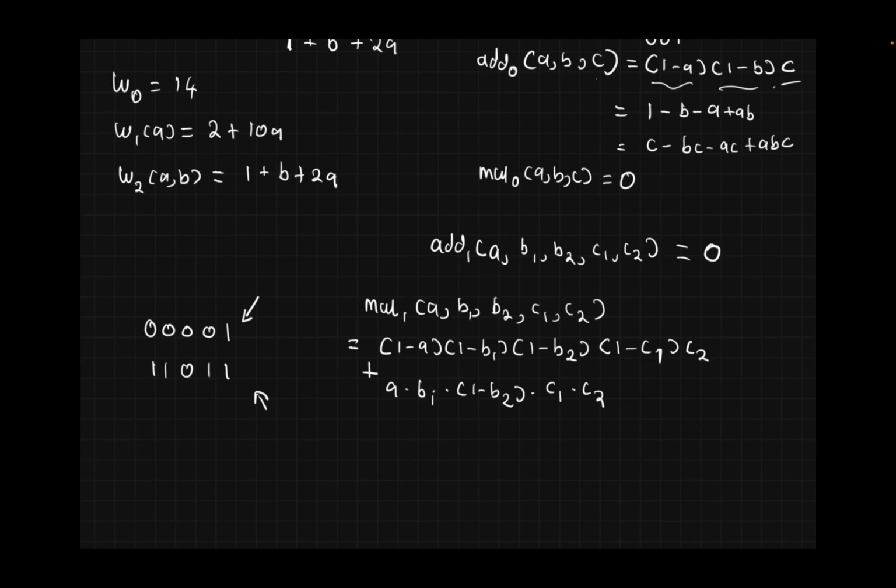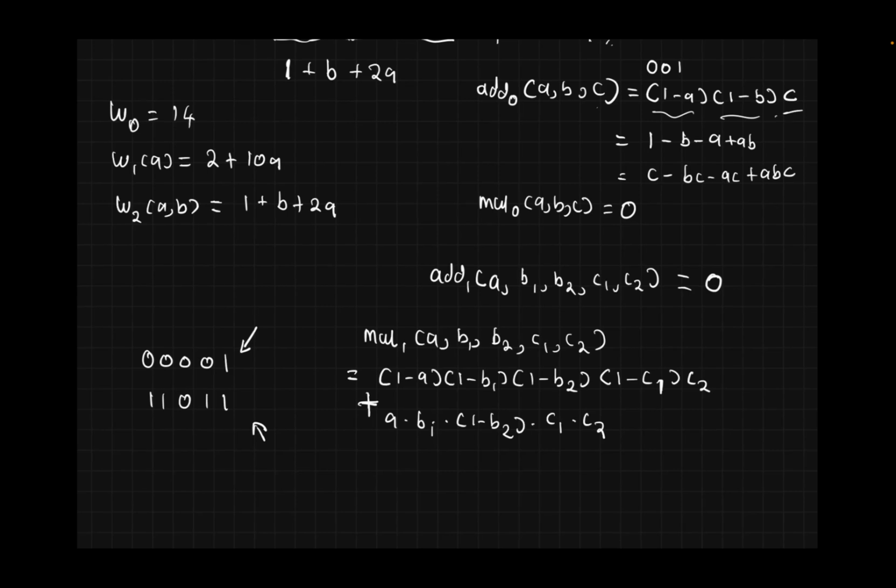There is no add 2 and there is no mul 2 because that's the input layer. So we have all our polynomial ingredients to start proving. Make sense? So is that plus? Yes. Are we good? Can we proceed?